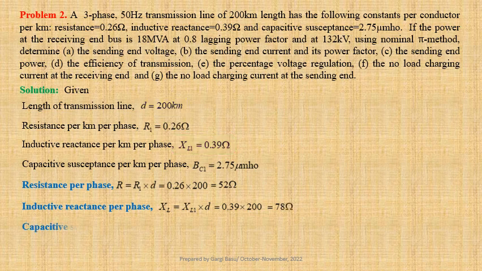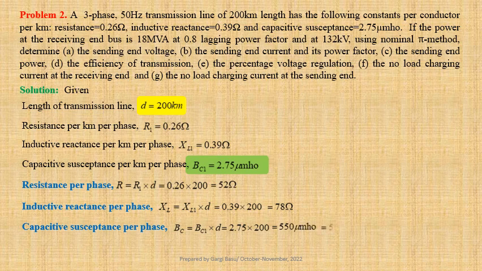And capacitive susceptance per phase, BC equals BC1 into D. Using values we get 2.75 into 200, that gives us 550 micromho, or 5.5 into 10 to the power minus 4 mho.